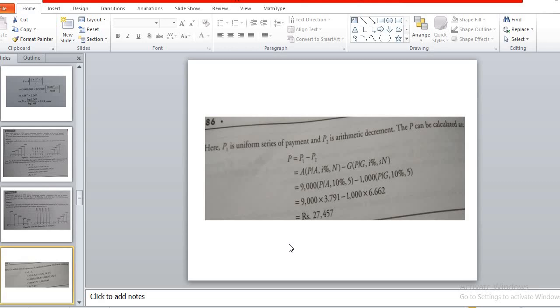There is a continuous increment in the investment per period with a fixed amount, say G. This condition we consider an arithmetic gradient.